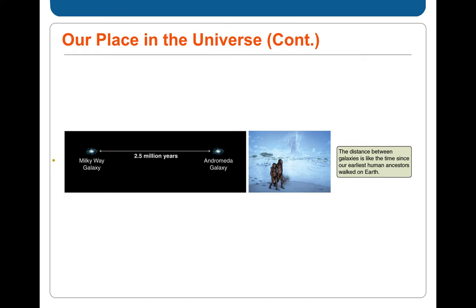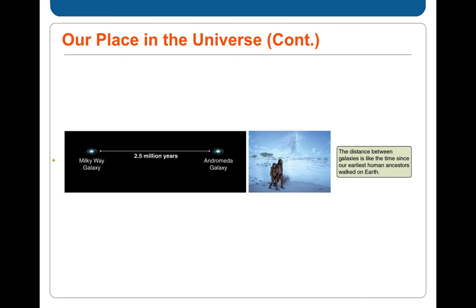If you take Andromeda, and that's the point of this picture, the Andromeda galaxy is about 2.5 million light years away from us. A light year is a unit of distance used in astronomy. It's not a unit of time. But it means that light leaving Andromeda will take 2.5 million years, which is a time, to arrive here at Earth.